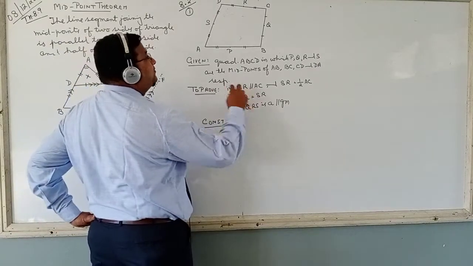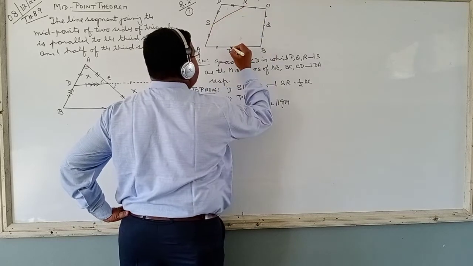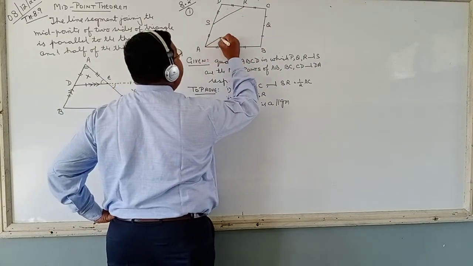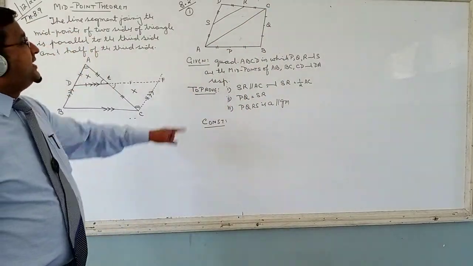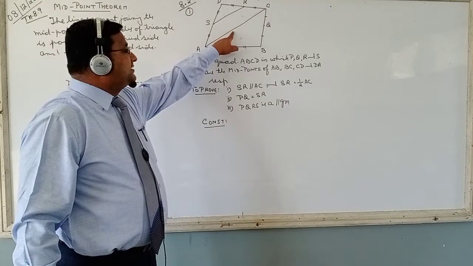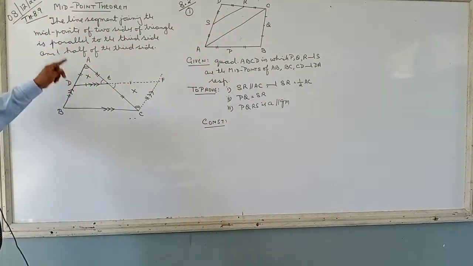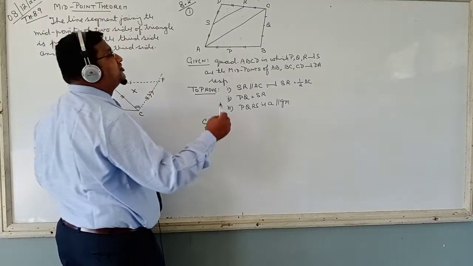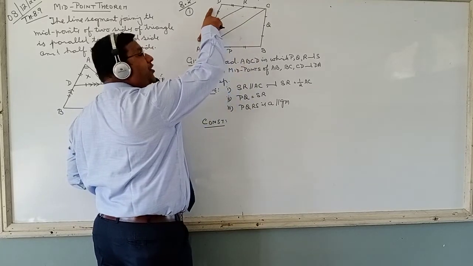He says SR is parallel to AC. Where is this SR? So this is SR. And this is AC. Where is AC? This is AC. Right? This SR is parallel to AC, he says, and SR is equal to half of AC. So just now the figure is there. The line segment joining the midpoints of two sides of a triangle. Check the triangle ADC. Is S the midpoint of AD?